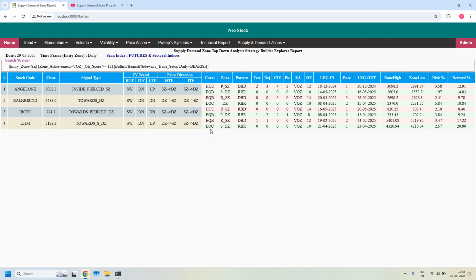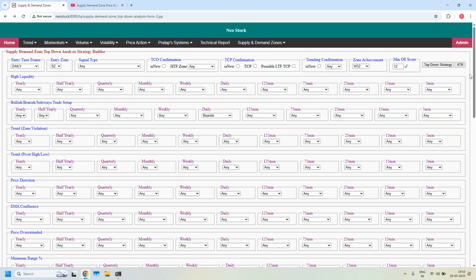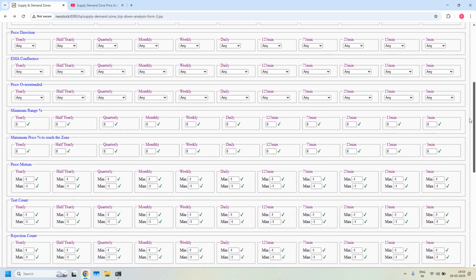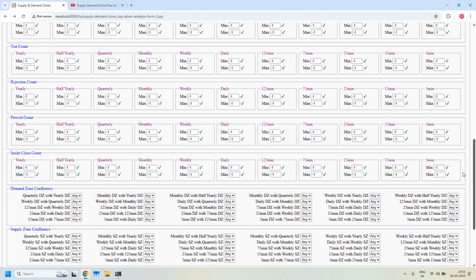Okay, out of these 3, what is the probability? Do they have better probability or low probability? That we will check based on zone confluence. So the first filter is LTF and ITF supply zone confluence. LTF is daily, ITF is weekly.